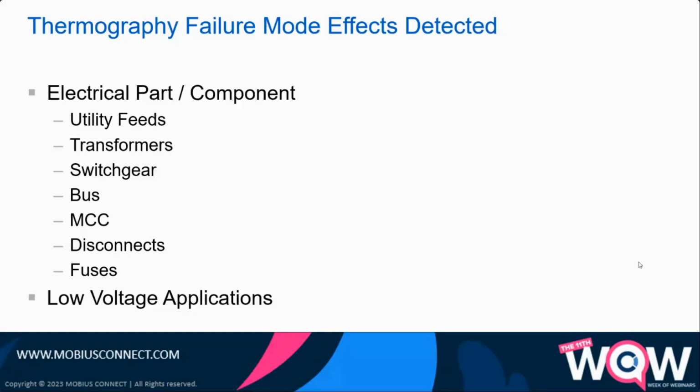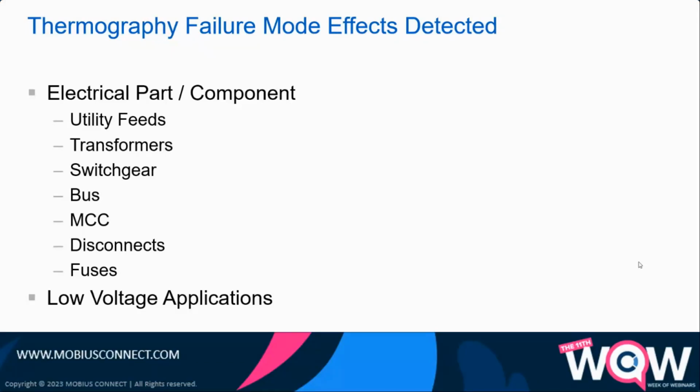Utility feeds, transformer insulation connections or insulator connections, connections in switchgear, bus ducts, motor circuits or MCCs, etc. So it's used widely to identify if there are hot spots in electrical systems that can cause failure and downtime. It's also capable of detecting issues in low voltage applications in certain situations as well.